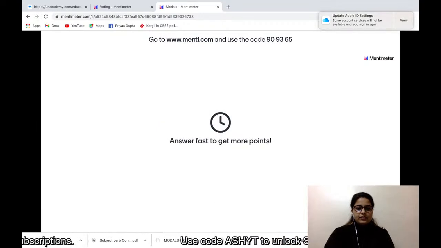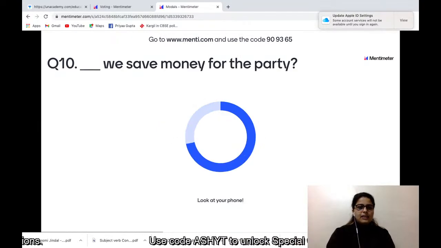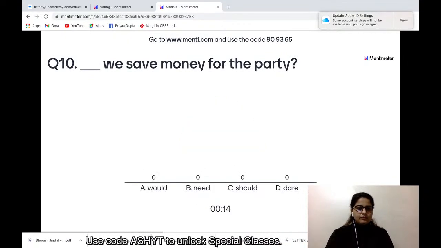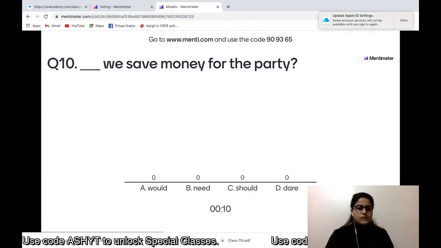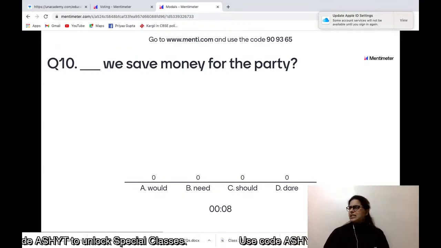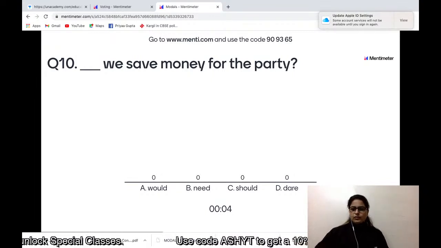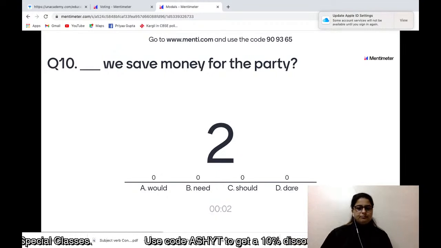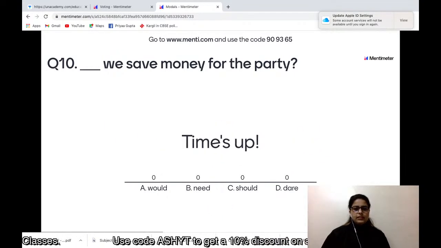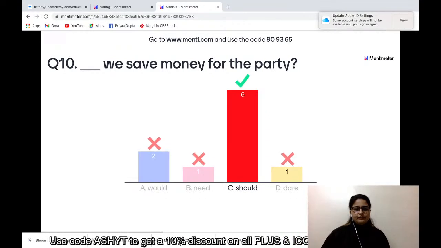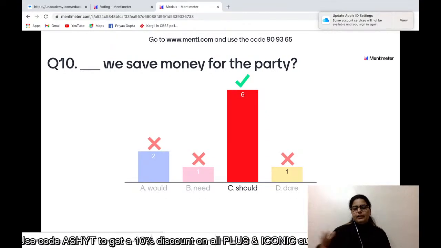Question number 10. Dash we save money for the party? You're asking still which modal verb can be used in order to ask this type of question. Time up. Need we save? Do we need to save? It should be like that.